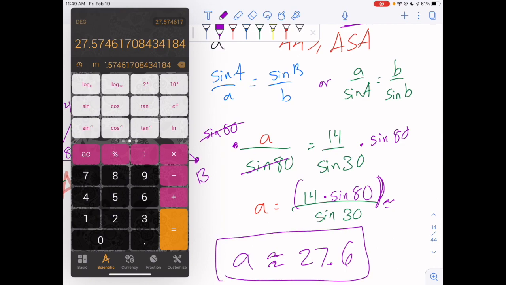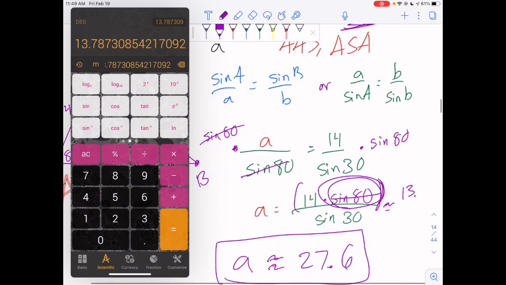Okay? If for some reason you don't feel comfortable with your calculators, what you could do, right, you can just do sine 80 times 14. So if you don't feel comfortable with the fractions, you can just write this out, but make sure you keep 4 decimal places, okay, just to kind of be safe with it.